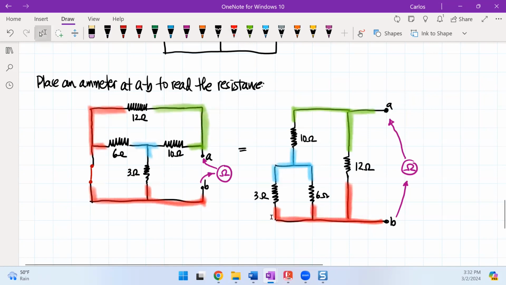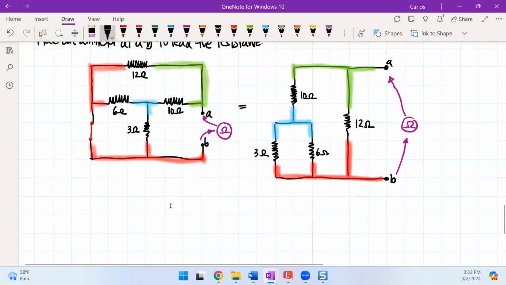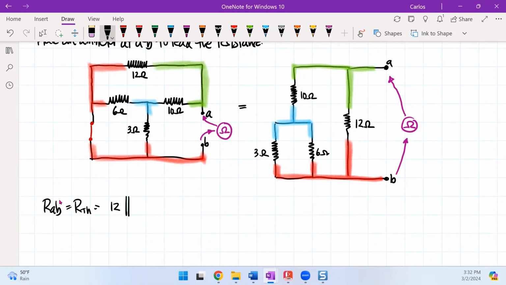So then, writing out the resistance of AB, we see here that RAB is the same as RTH, and you could see here that I have a 12 ohm parallel to a combination of 10 in series with a 3 parallel to 6.